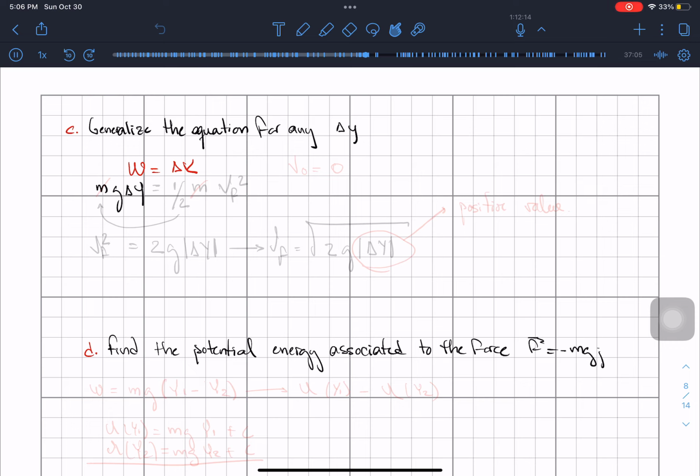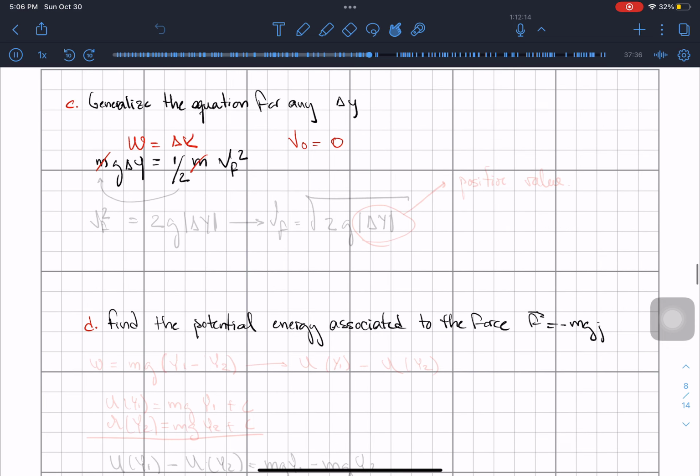And the kinetic energy is 1/2 the mass of the object times the final velocity to the second. And this is the only part of the equation that we use because the initial velocity of the object is 0. So we're going to cancel out the mass because it's the same on both sides.